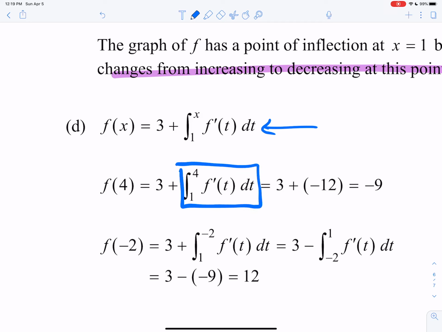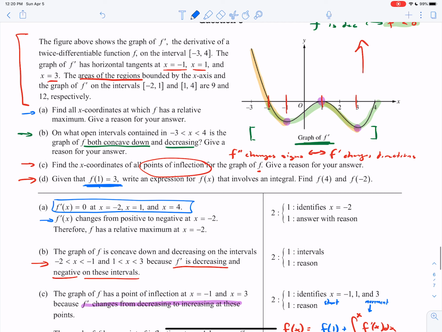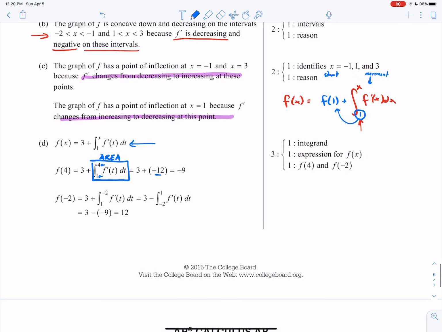You have to understand that integrating a graph is really just finding the area. So what is the area from 1 to 4? Let's take a look at our graph. So from 1 to 4, the area was listed. It was negative 12, which is where they get this from.